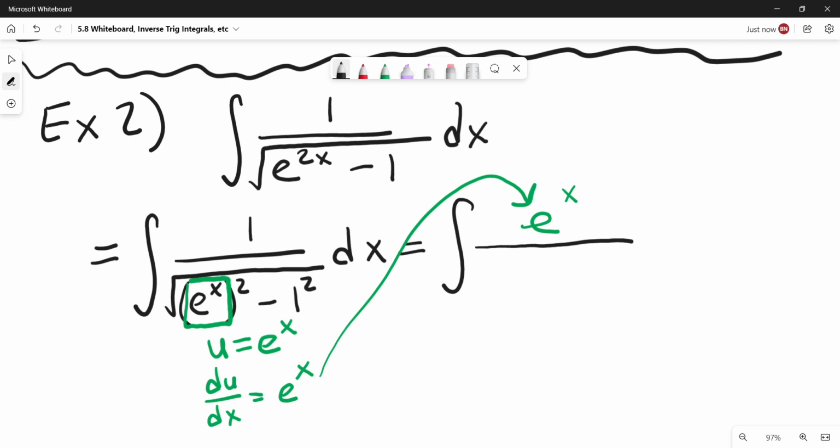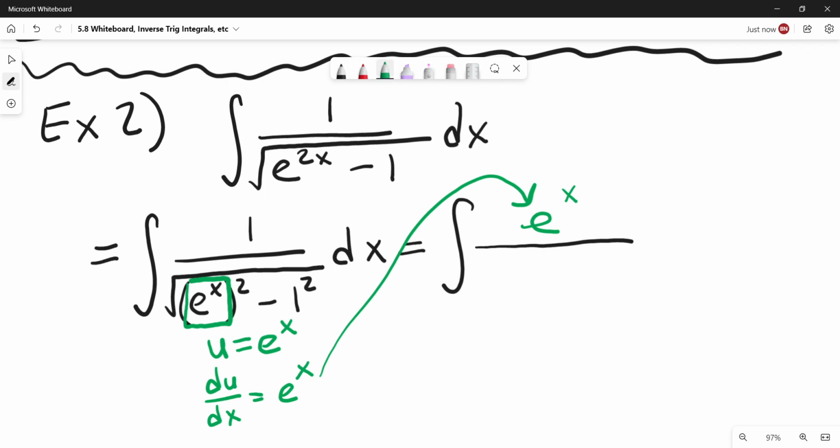But what we also need, related to the hesitation expressed by the hypothetical student that I made up, is that this looks like an arcsecant problem, and just like we have the u squared here, we need the u outside the square root sign.